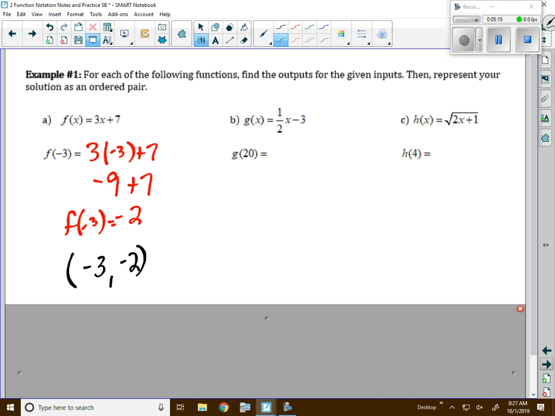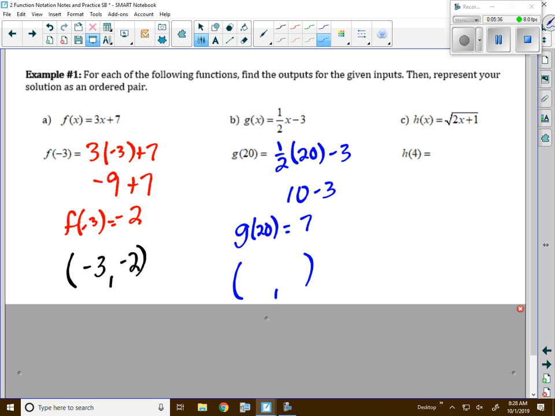All right, letter B. We're plugging in 20 for x in that case. So 1/2 times 20. What's 1/2 times 20? 10. Minus 3 is 7. So g of 20 equals 7.